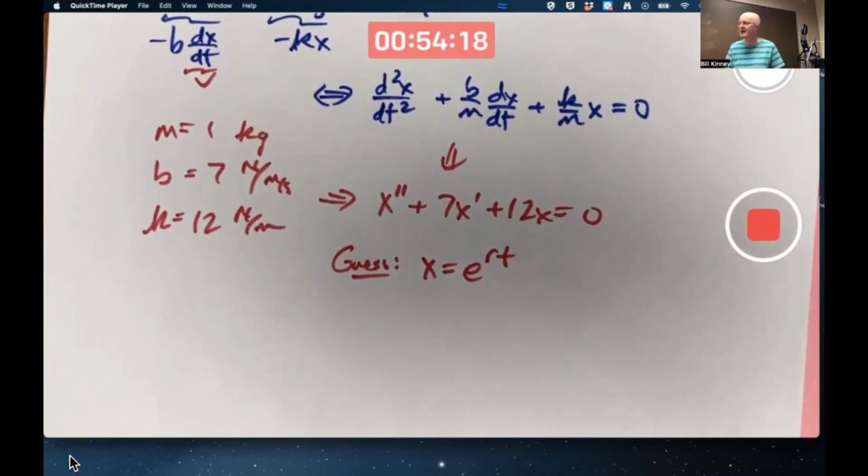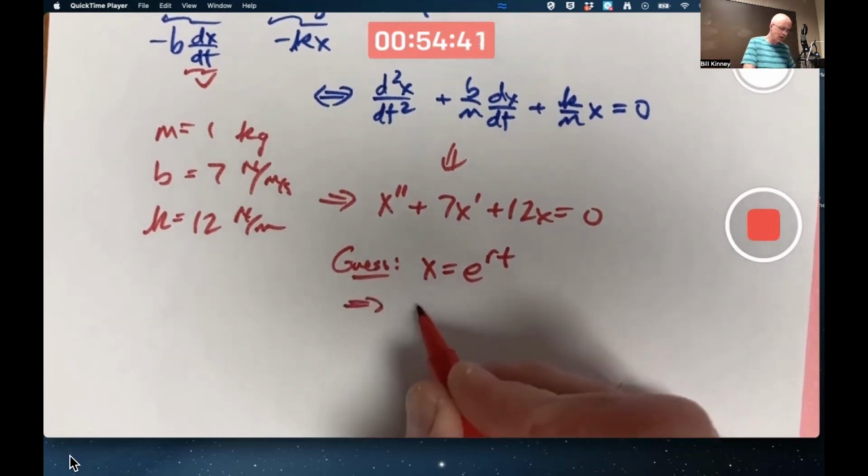That turns out to be the best guess, as we will see here. If you think about it, r should be negative because x should decay to 0, not grow to infinity. So the r should be negative, but how do we figure out what the r is?